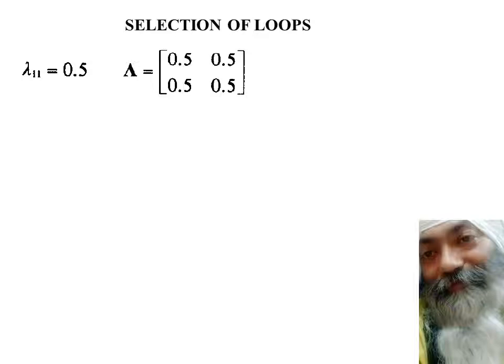The interaction is so strong that the control will become very, very difficult until or unless this interaction is reduced. This coupling is reduced by making use of some decoupling mechanism or by making use of some cross controllers, as we will see in the subsequent sessions.